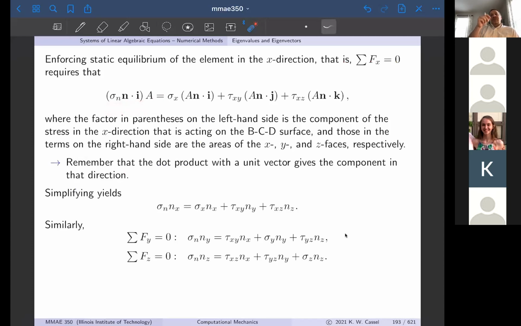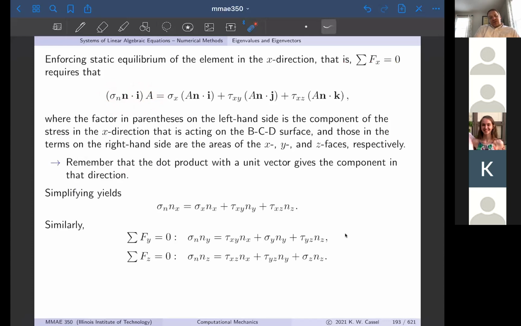Remember, when you take the dot product of a vector with a unit vector, it gives you the component of how much of that vector goes in that direction. So in this case, the X direction, the i direction. So how much of sigma_n goes in the X direction, that's what this gives us, represented here in parentheses. Again, multiply by the area, that gives us the force.